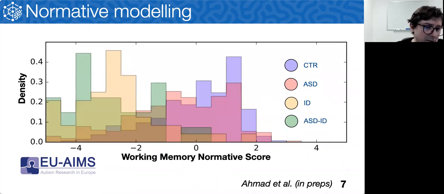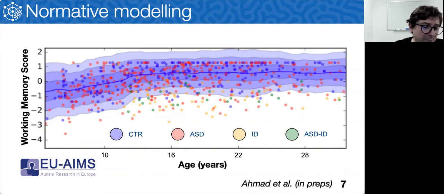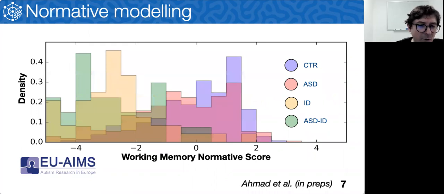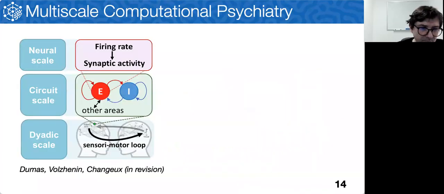And this allows, for instance, in this case with autism, to show that something that would have been a statistical difference between autistic patients and control would in fact have been wrongly associated with autism diagnosis instead of having been caused by intellectual deficiency, for instance.